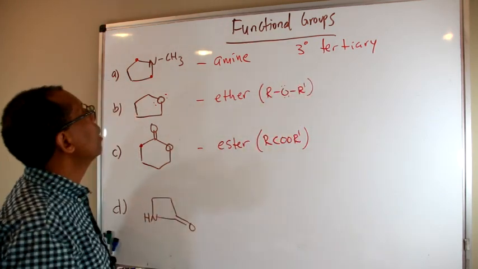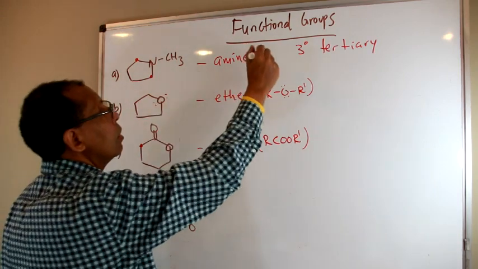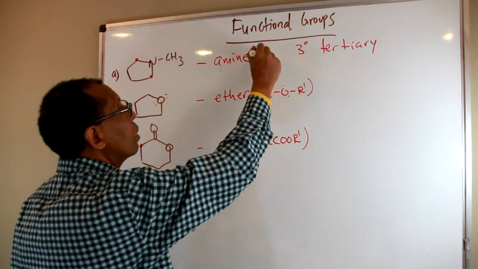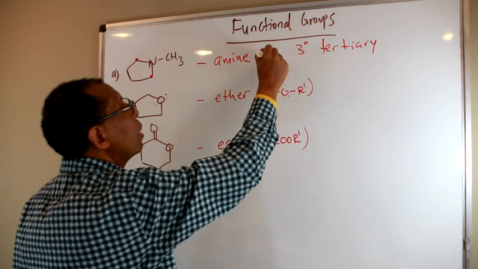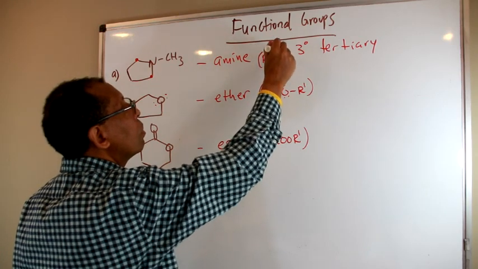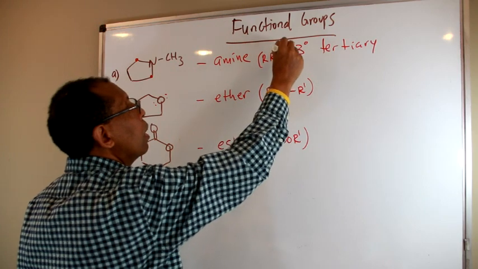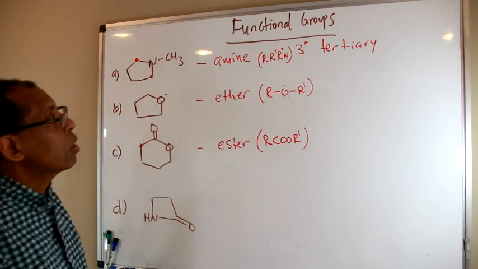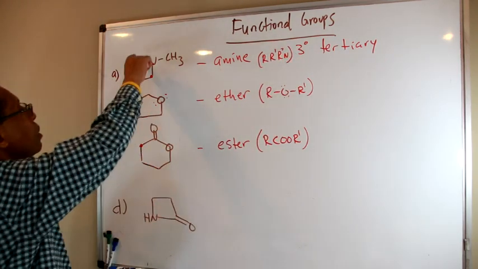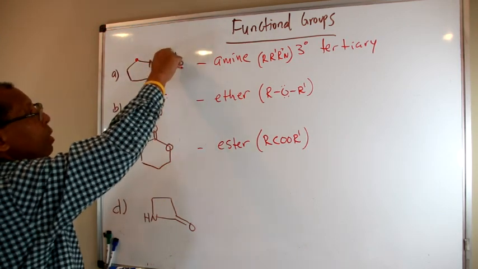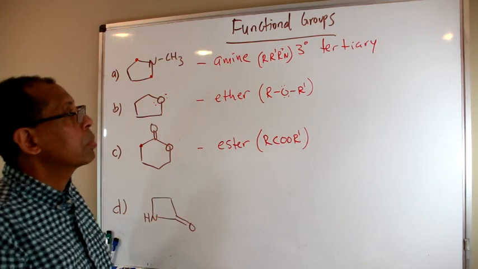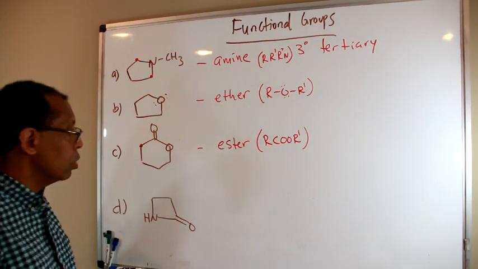That's an ether. Here, the amine is represented as R1, R2, N. That is a tertiary amine because there is an R from this side, another R, and another R, the alkyl groups. So that's a tertiary amine in general.